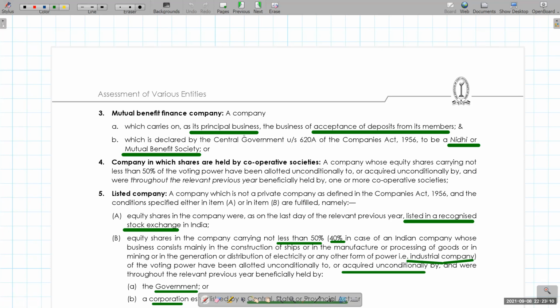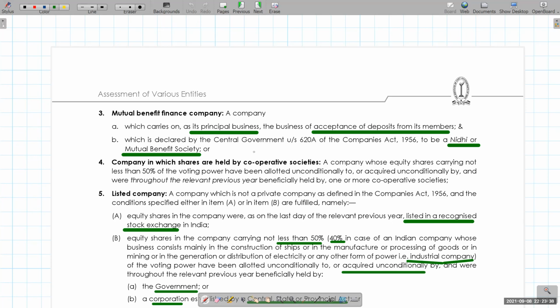If their principal business is accepting deposits from members, so they have a certain number of members, and they are accepting deposits from the members, and it is declared by the central government. Actually, as per section 620A of the Companies Act 1956, a Nidhi company or mutual benefit company is defined, and it is specifically declared by the central government. This is a Nidhi company, this is a mutual benefit company.